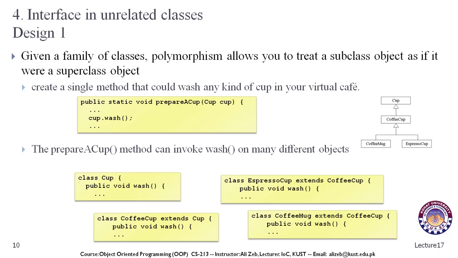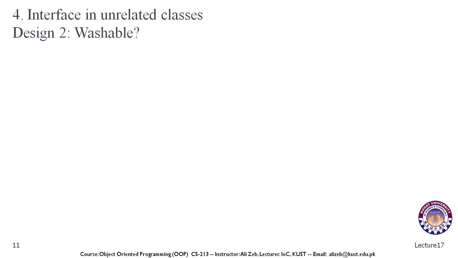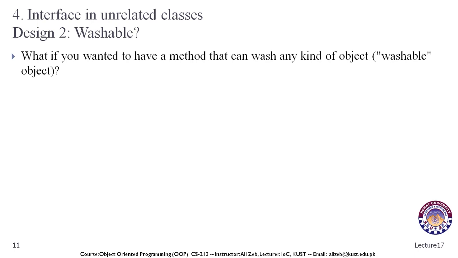So the problem here is that in this case all of these classes are related to each other and are combined in an inheritance relationship. Now what if we want a method that can wash any kind of washable object? Let's say we have a window, or we want to wash our car, or we want to wash a dog.